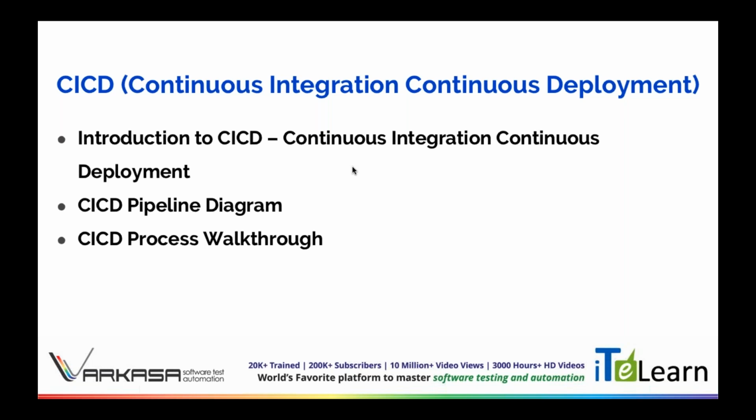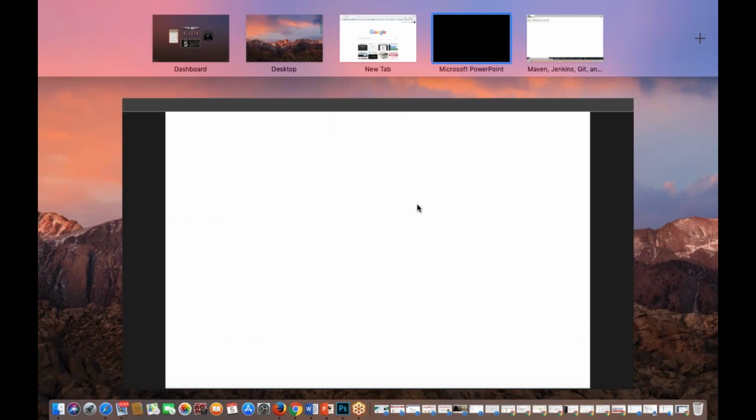CI/CD stands for continuous integration, continuous deployment, and we did go over it briefly in the last session. Today, we're going to create a diagram and walk through each step in the CI/CD process, the pipeline.